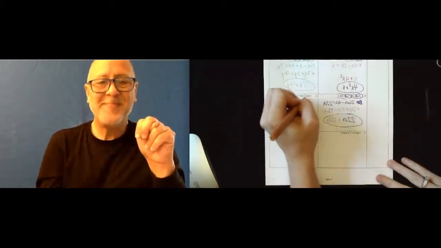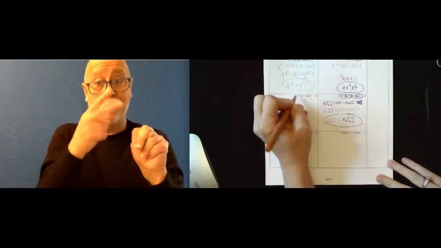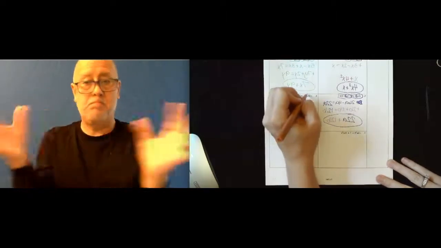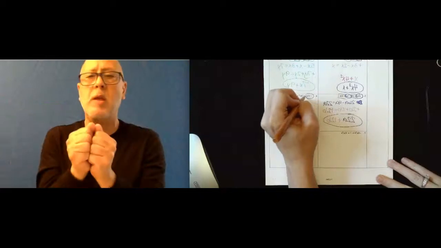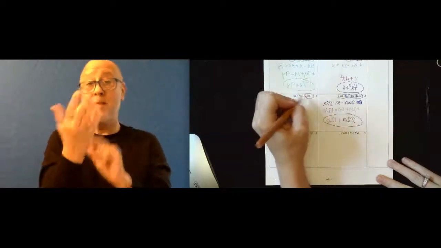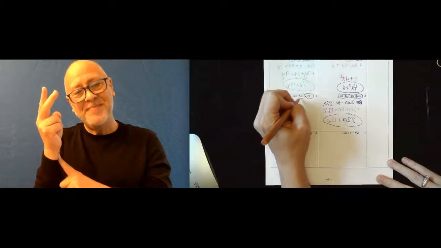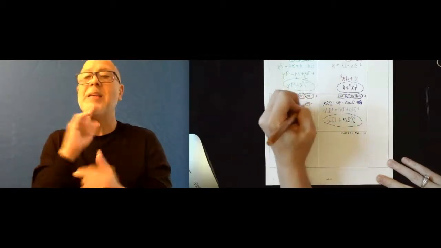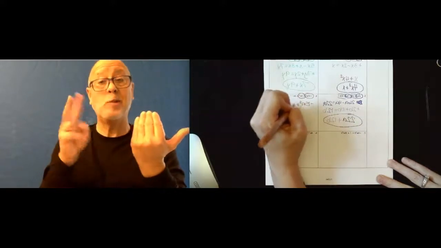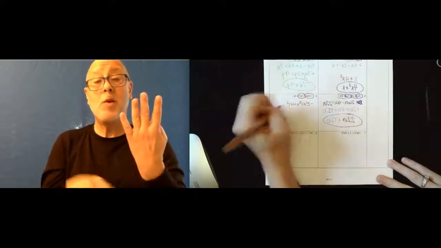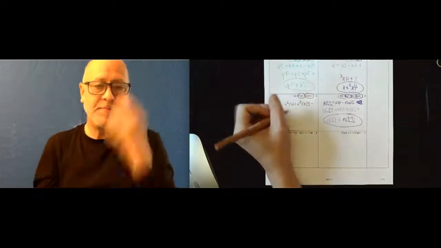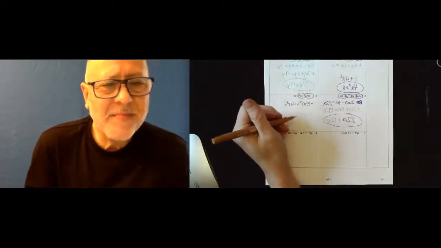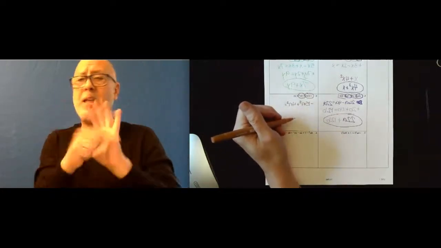I have an n squared and an n squared, which means I can add the n squares together. So I have negative 15n squared plus 4n squared. Really, I'm looking at negative 15 plus 4.